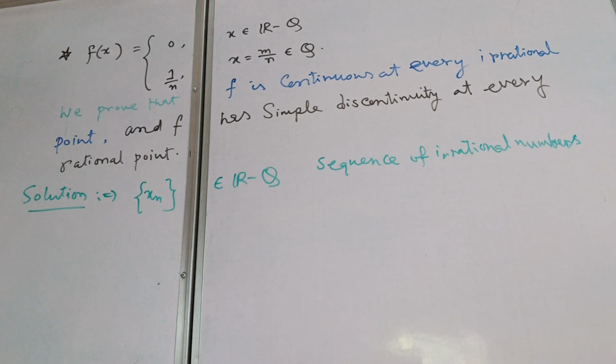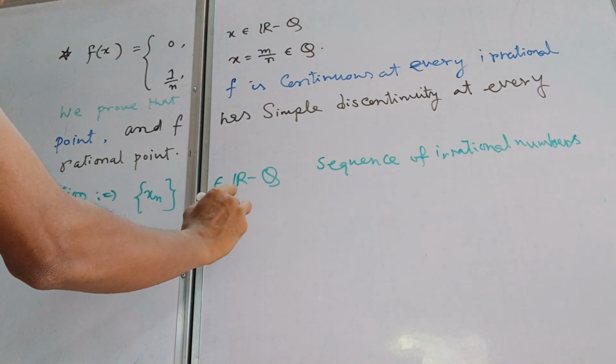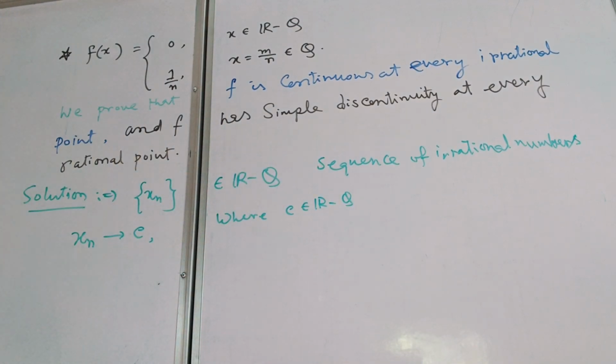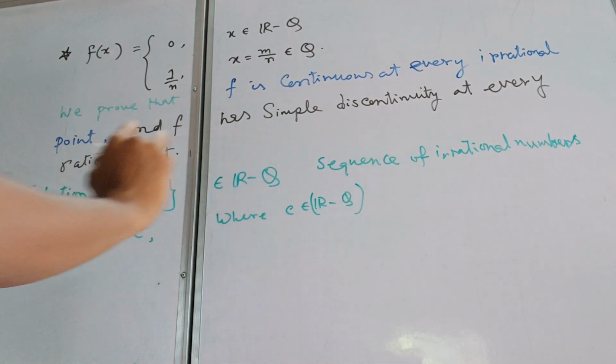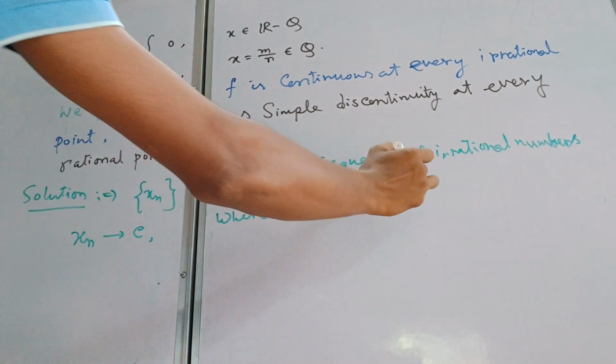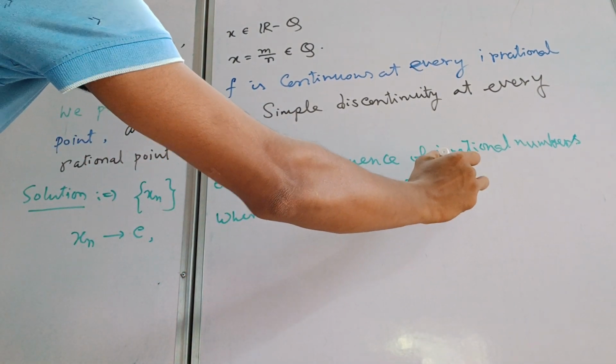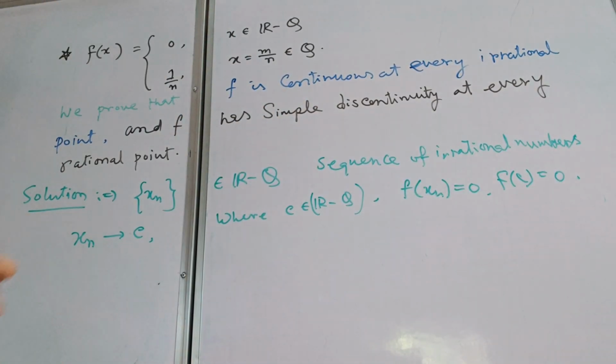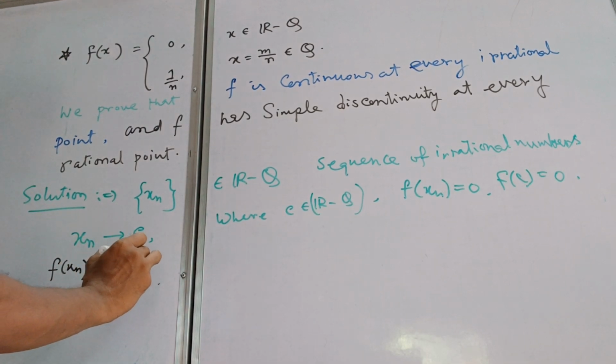Now xn converges to c, and obviously c belongs to R minus Q. Then we write f of xn equal to 0 and f of c equal to 0. Then not a problem at all. We write in this way, f of xn converges to f of c.